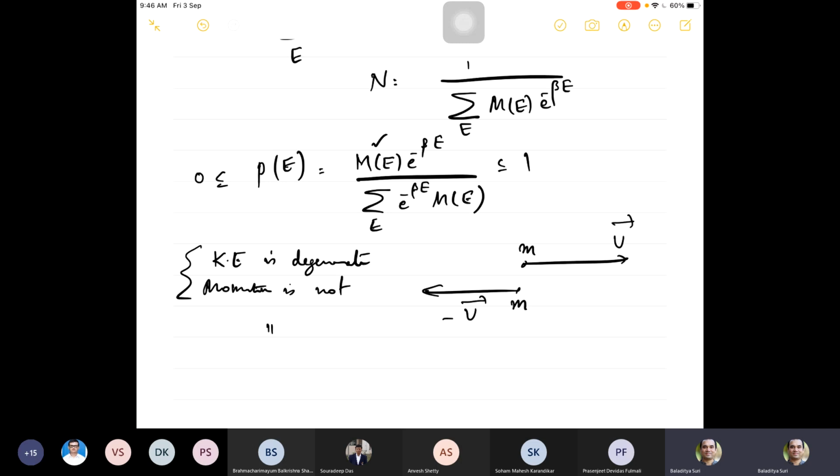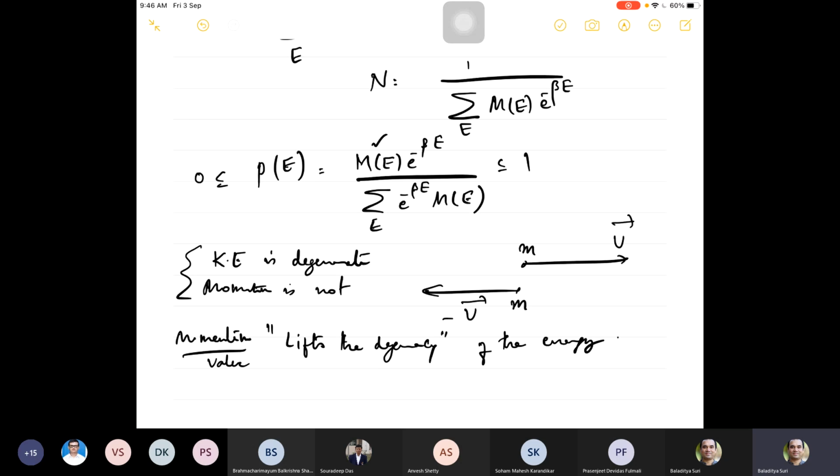But if you consider another observable, for example here momentum, then the momentum value lifts the degeneracy of the energy values. So if you take only the kinetic energies into account, these two states are indistinguishable.